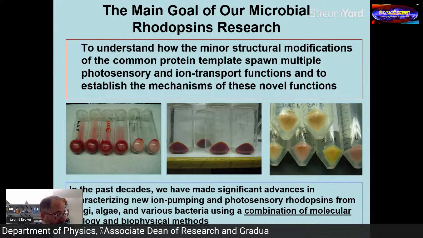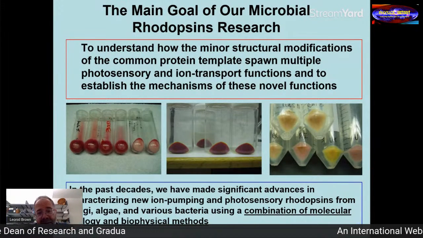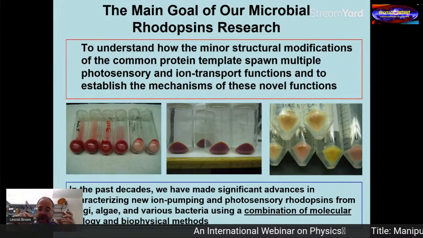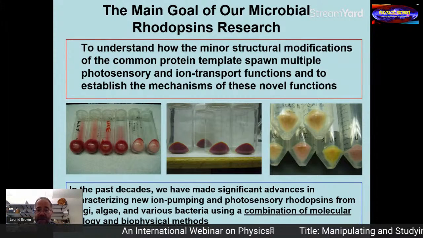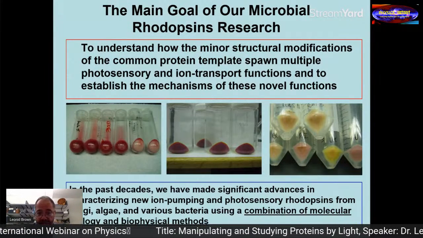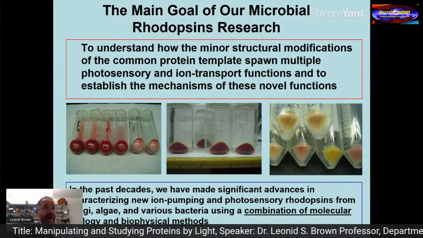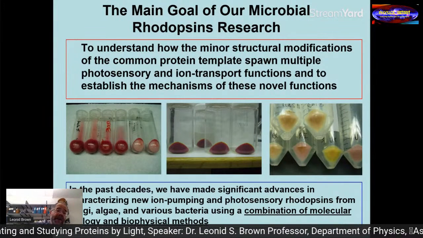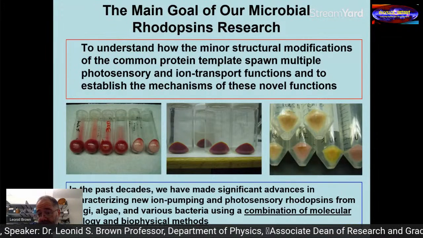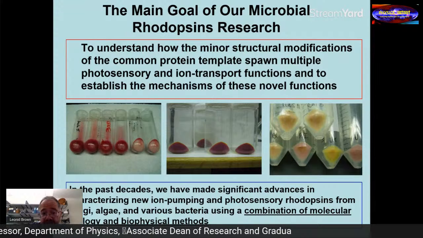I showed you so many different examples, right? Many different functions, but they're all based on very similar proteins. So it doesn't take much. We want to understand how these proteins work and how you can interconvert them, create different functions. We also want to find new functions and to study them with the help of physics. We want to understand all the detailed molecular mechanisms.